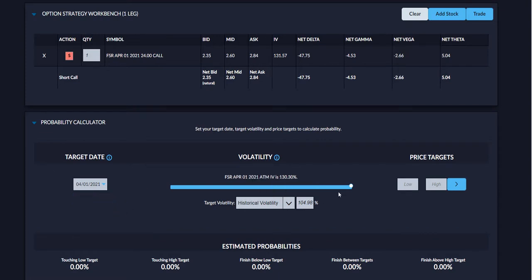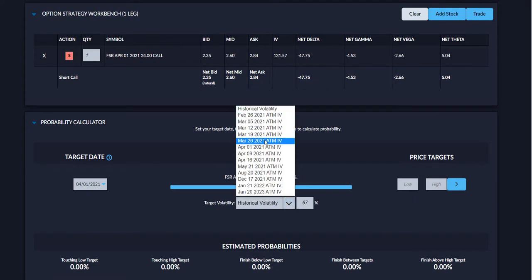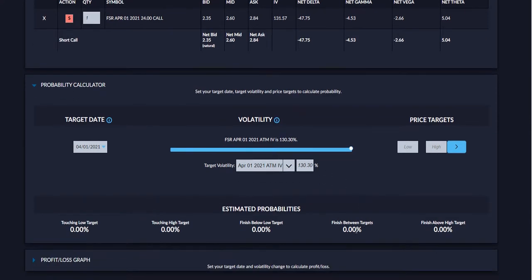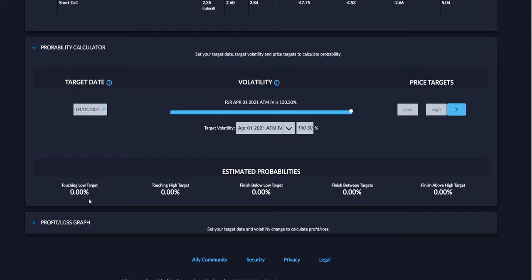And then you choose the volatility, and historical values go through April 1st. And it pretty much gives you information on your calculated probability of getting this contract, where it should be at. Then you have your estimated probabilities that will again populate during regular market hours. Right now, everything's at 0.